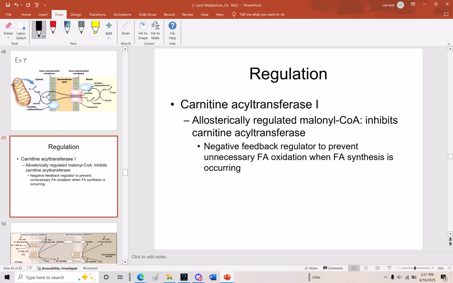So it's already floating around in the cytosol, and if you have too much of it, or a decent amount of it, it will inhibit carnitine acyltransferase. And that prevents beta oxidation and fatty acid synthesis, which are the opposites of each other, from happening at the same time. So that's the only regulation you need to know for carnitine acyltransferase 1.